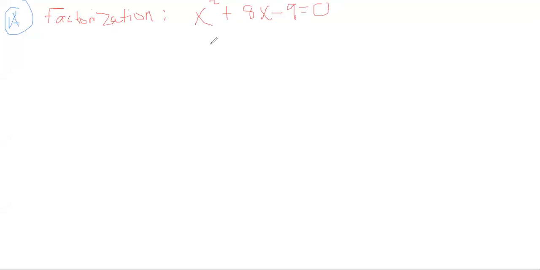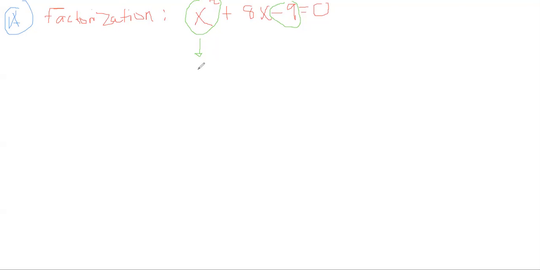So when we talk about factorization, the first thing you need to focus on is these two and this one, minus 9. For here, we have to find two variables that if we multiply, we will have x squared.